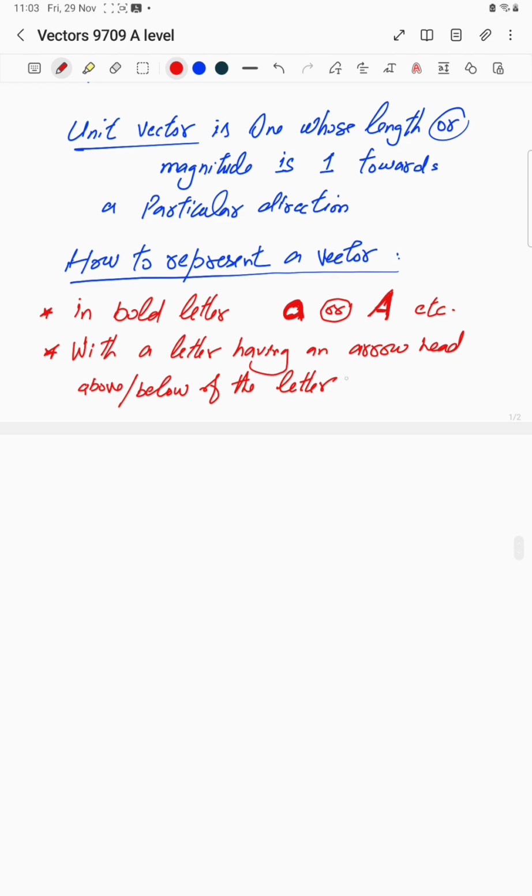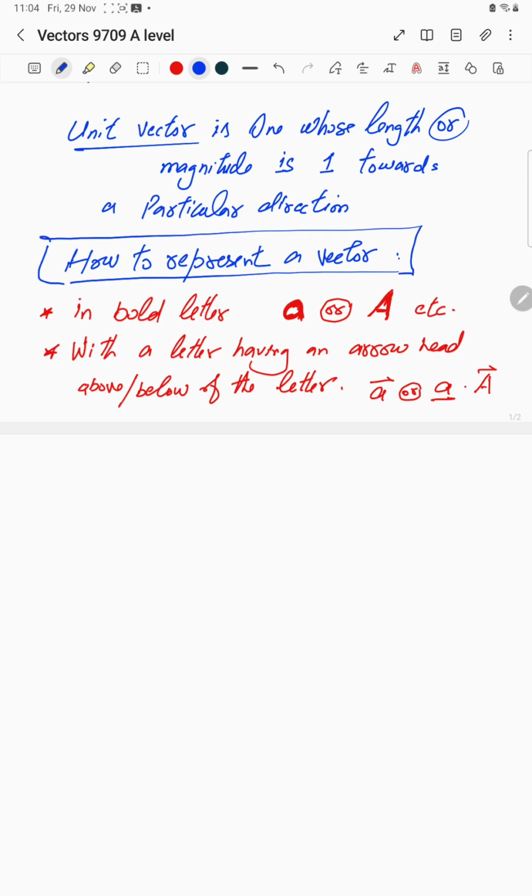For example, you can write a letter with an arrow above, or a letter with an arrow below, or capital A, B, C with an arrow above or below it, right? So this is how to represent a vector.